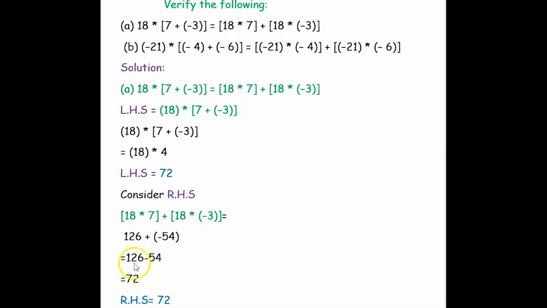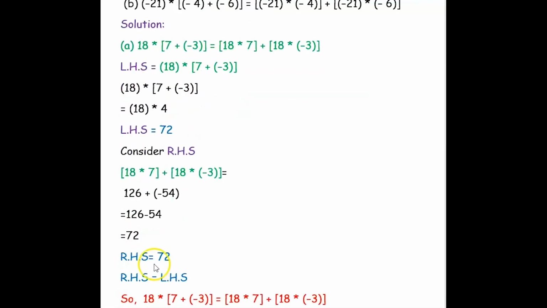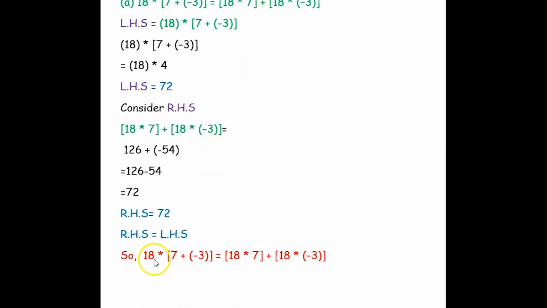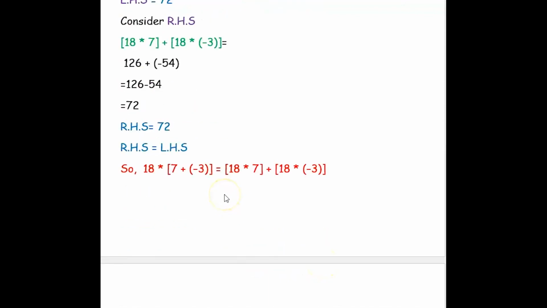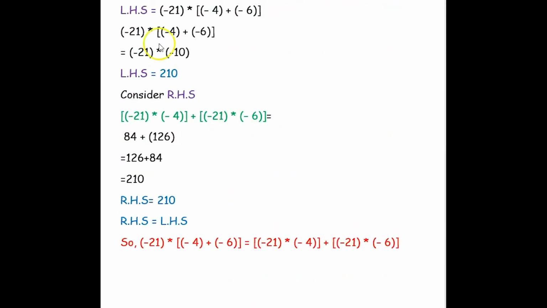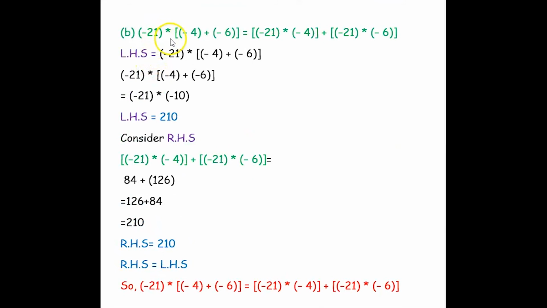So 126 minus 54, because plus into minus is minus. 126 minus 54 is 72. So our right hand side is 72, and the left hand side is equal to the right hand side. So we can say that 18 into 7 plus negative 3 is equal to 18 into 7 plus 18 into negative 3.